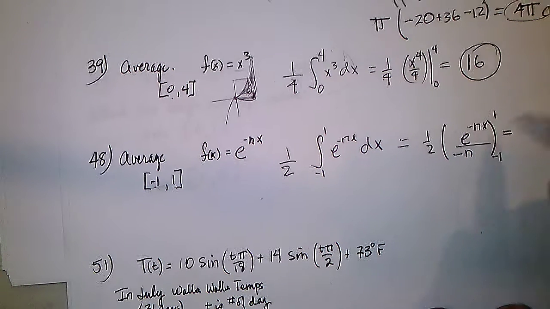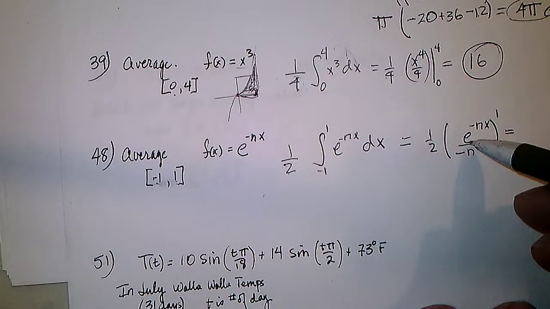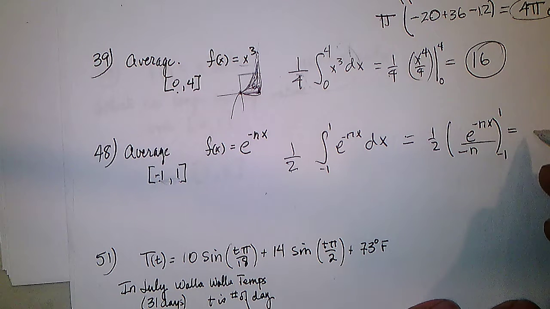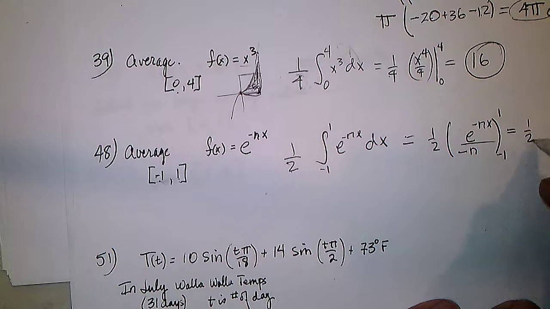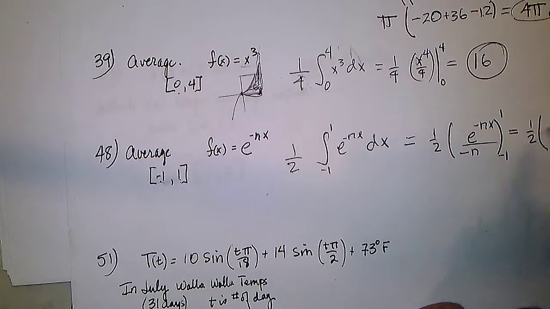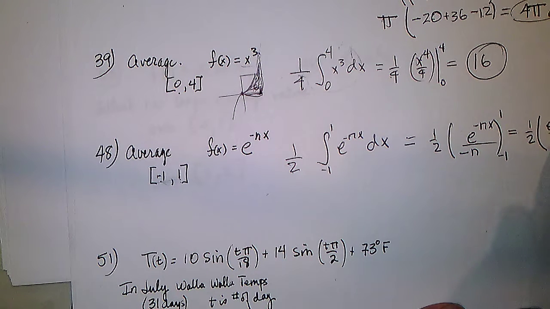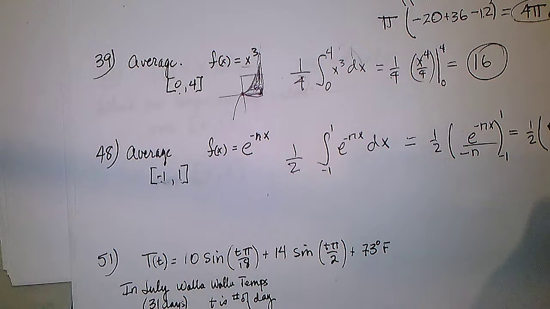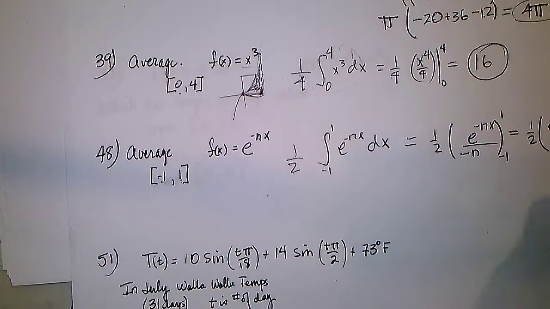So we put 1 in here, and we get 1/2, excuse me, e to the negative n over negative n, minus, we put a -1 there, and we get e to the n over negative n.